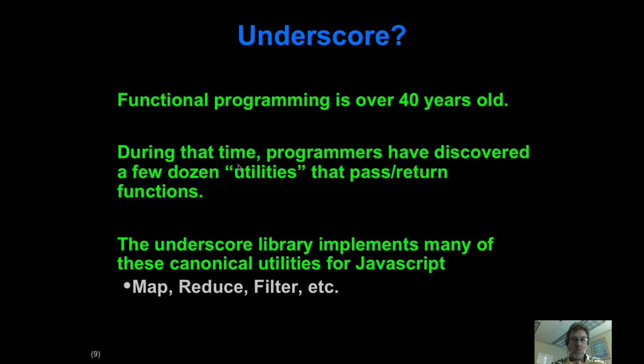So not every single one of the methods or utilities provided in the underscore library is a functional programming construct, but most of the fundamental functional programming constructs are provided someplace in the underscore library.